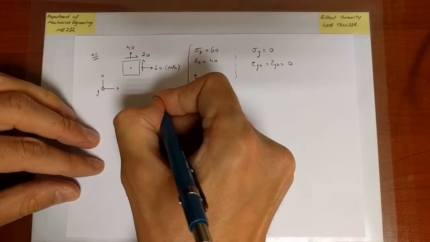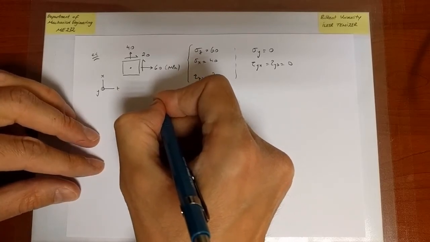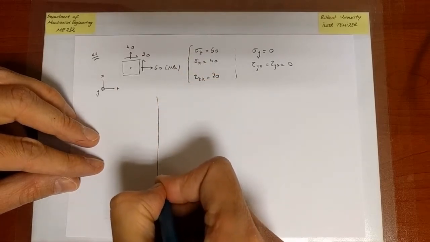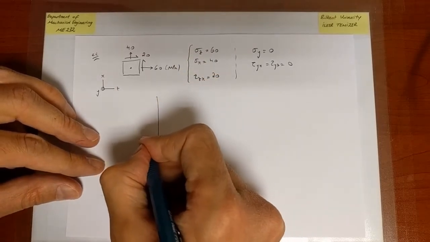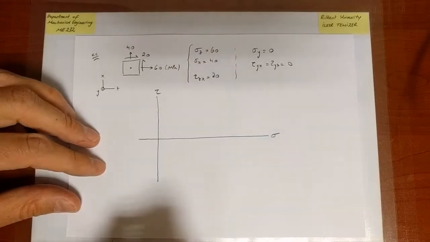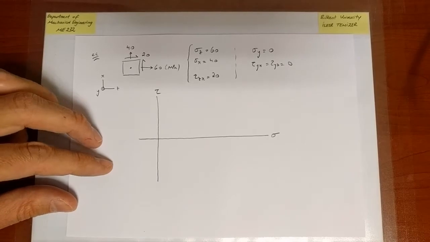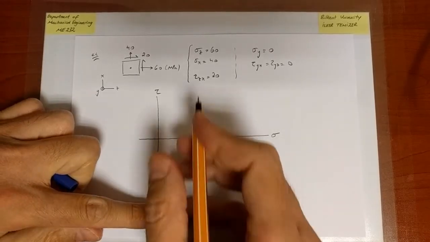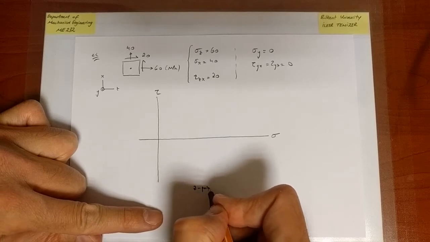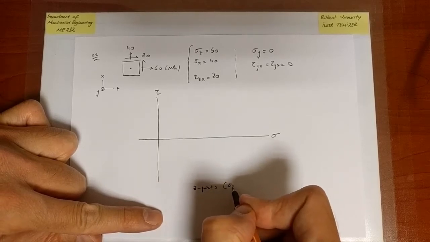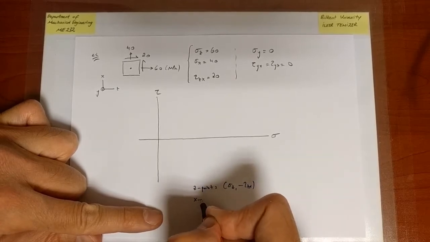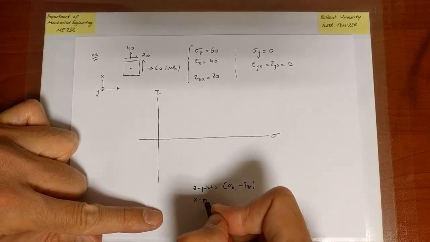And the Mohr circle looks like this. So that's sigma, that is tau. The first step, remember, is to pick the points correctly. Here, z is the horizontal direction, so the z point will have a sigma z, minus tau zx, and the other point, x, is the vertical, it's like y in our default picture.